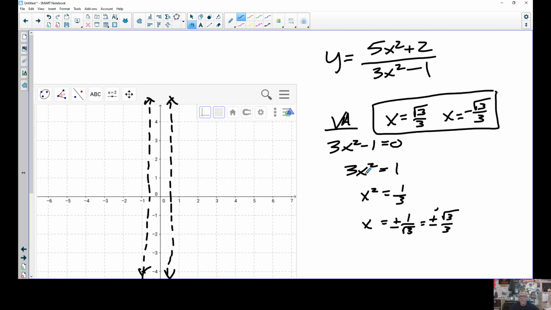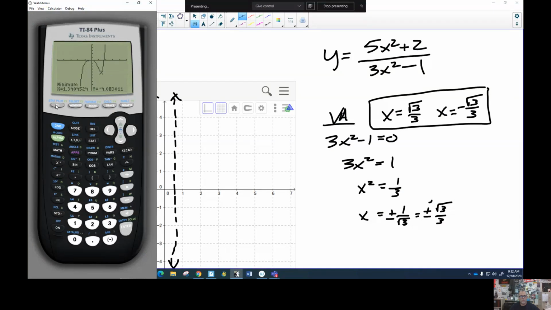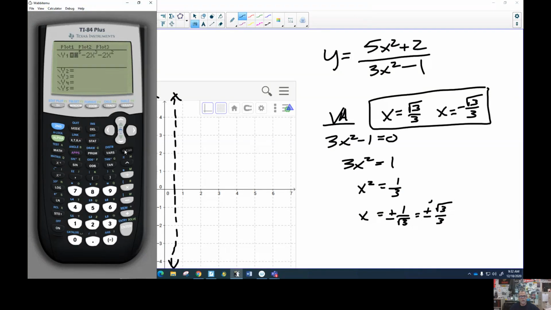Well, let's take a look at this with our graphing calculator. All right, and I think I'm going to have to reshare this. So now you see my calculator. If we go to y equals, and let's clear that out, and let's put this one in. Putting in rational functions, you got to make sure you separate top and bottom, the numerator and denominator, by parentheses so that it does the entire quantity divided by the entire quantity.